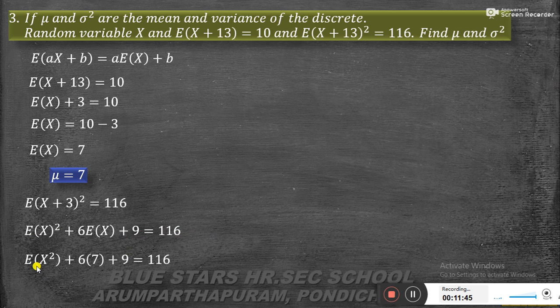Here expectation of x square means the expectation of x whole square, because x plus 3 whole square means x square plus 6x plus 9. So expectation of x square plus 6 into expectation of x plus 9 equal to 116.